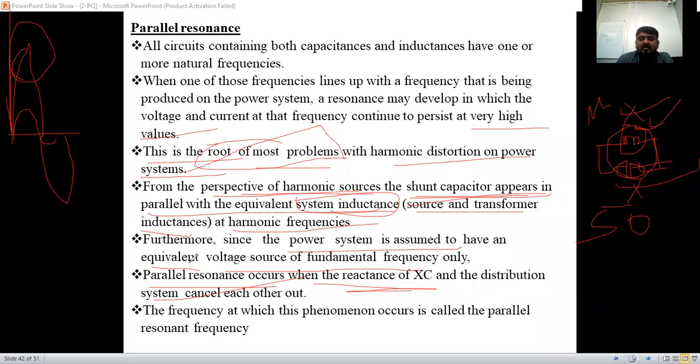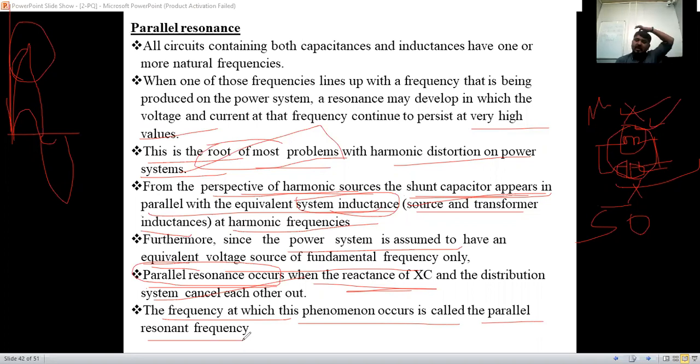That condition we say is parallel resonance. The frequency at which XC equals XL, or XC cancels XL, we are going to call the parallel resonant frequency.